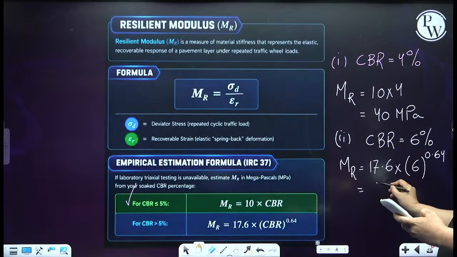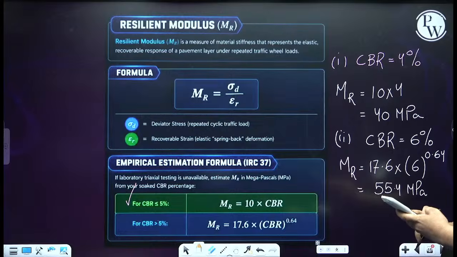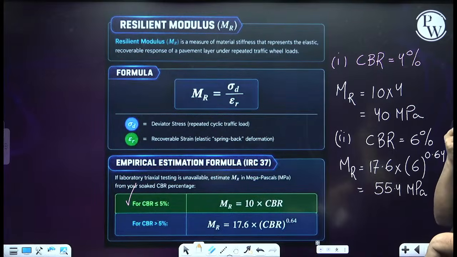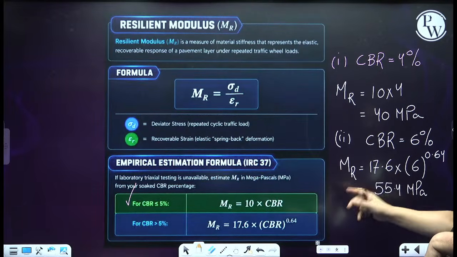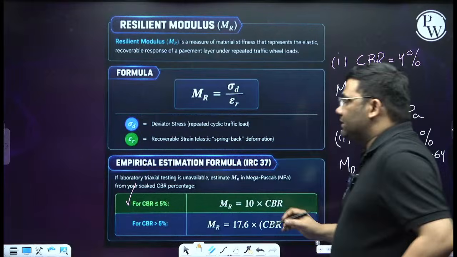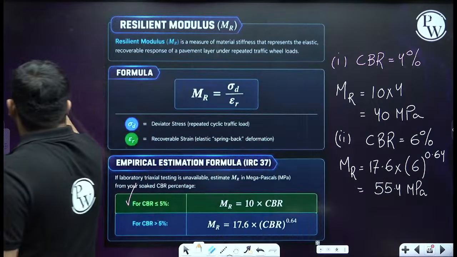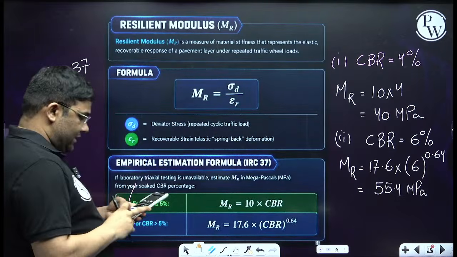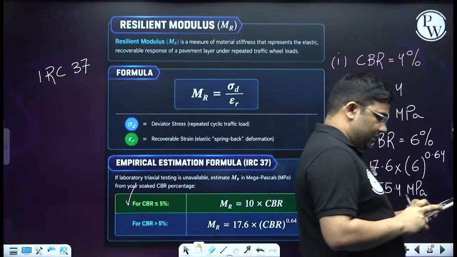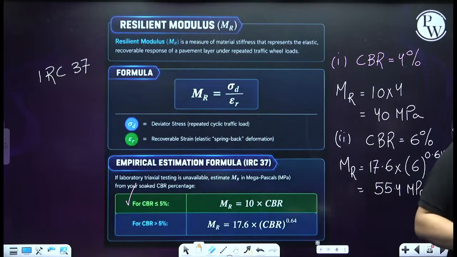I am getting somewhere around 55.4 MPa. I'll just recheck this value. So from the CBR we can find out the resilient modulus. This is the equation given in IRC 37. They have not asked a question on this till now, but if they ask, we can easily solve it. Let me just recheck these calculations.